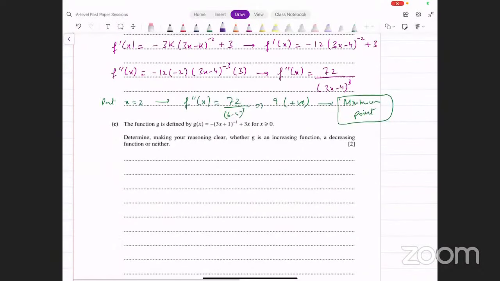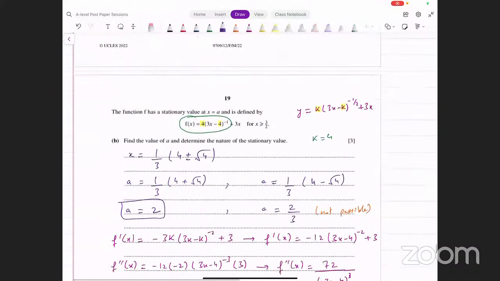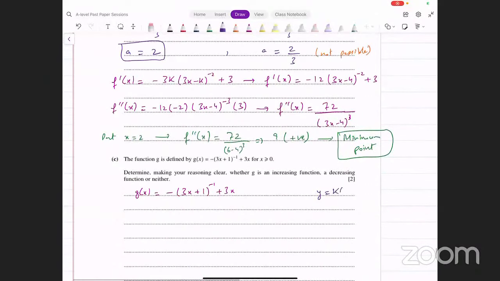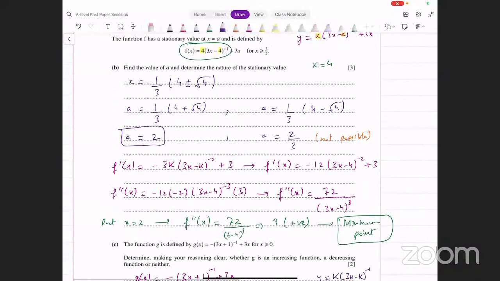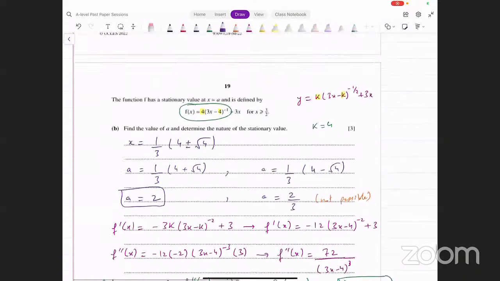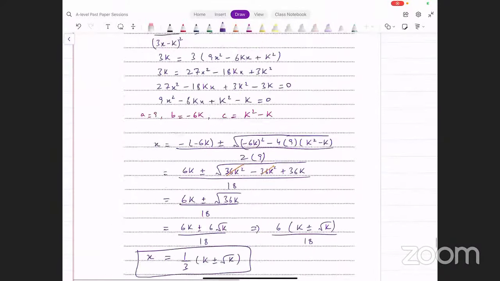Let me explain how that is. g of x is minus (3x plus 1) whole raised to the power minus 1 plus 3x. Again, थोड़ा सोचना है यहाँ पे. Original function क्या दिया हुआ था? It was y equals k into (3x minus k) whole raised to the power minus 1 plus 3x. ये minus 1 क्यों आ गया यहाँ पे?